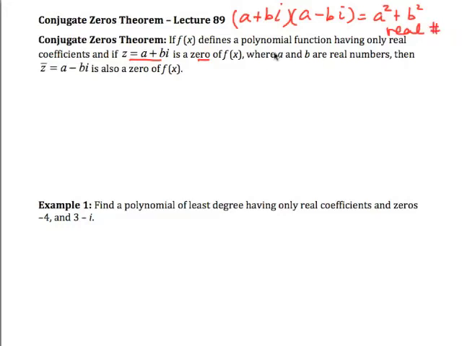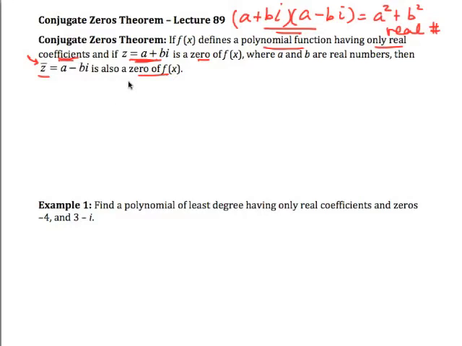So we're going to use this fact that if I have a polynomial that only has real coefficients, and if I have a complex zero, a plus bi, where a and b are real numbers, then the conjugate, that's what this little bar up here means, which is a minus bi, is also a zero. Okay, and that's because when you do the multiplication of the conjugates, we actually get a real number, and this is where the real coefficients actually come from.